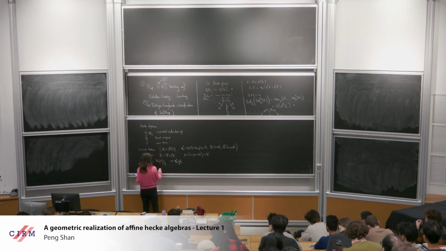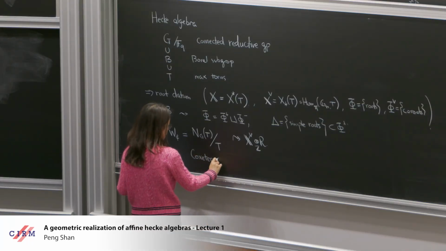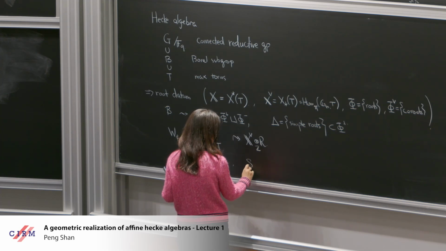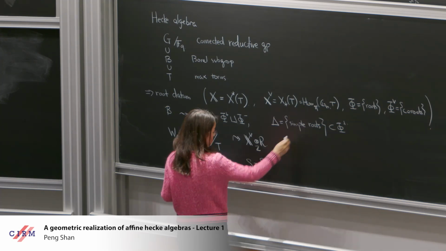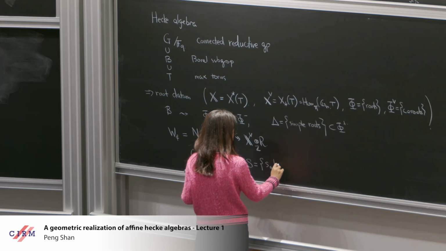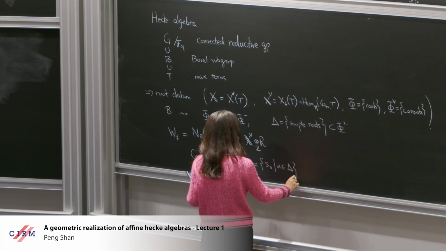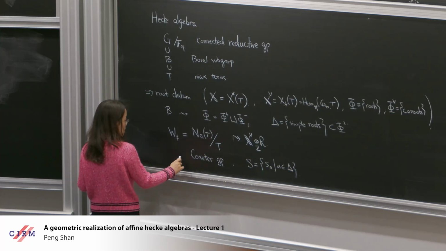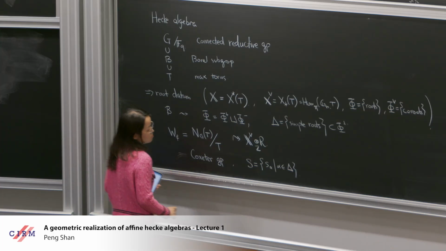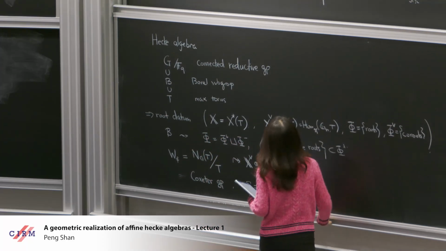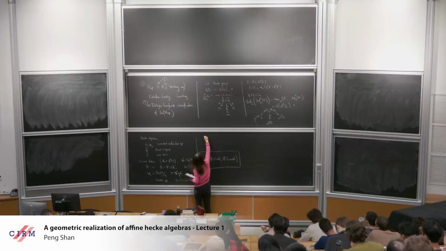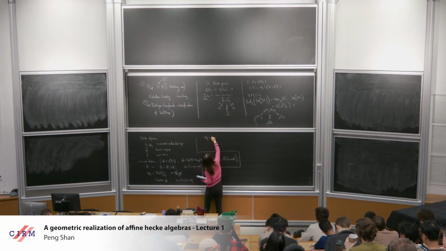So this is actually a Coxeter group, with the simple reflections given by just reflection with respect to the simple roots. And I hope everyone knows Coxeter group. So this means this is a group generated... So in other words, W_F has the following presentation.